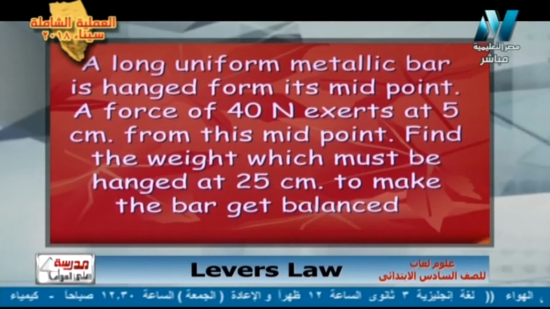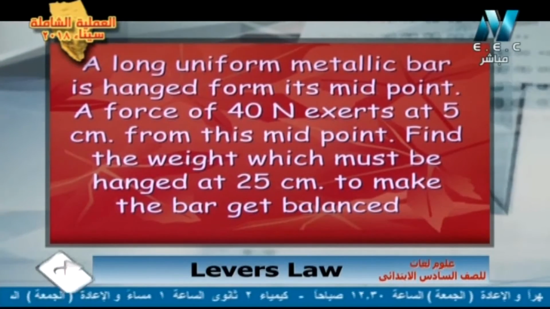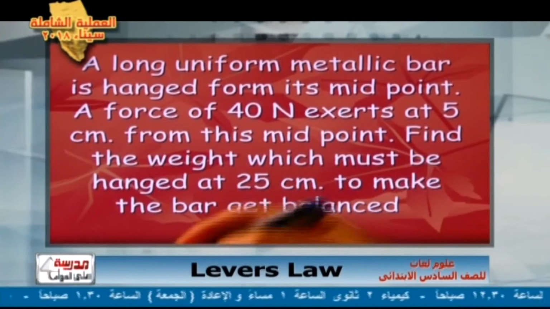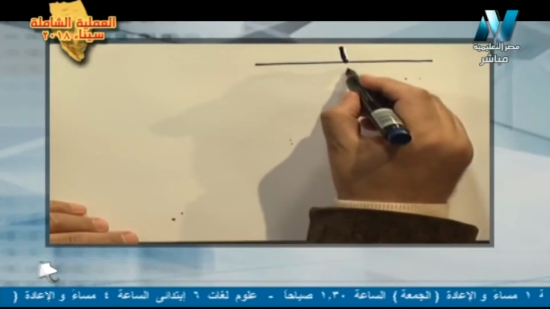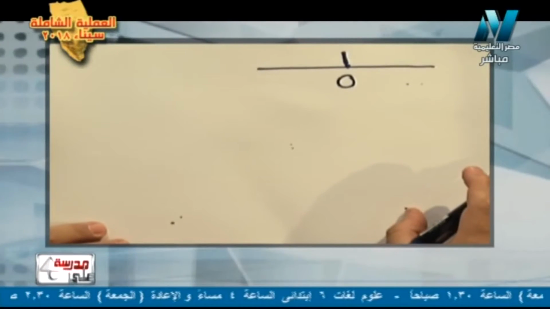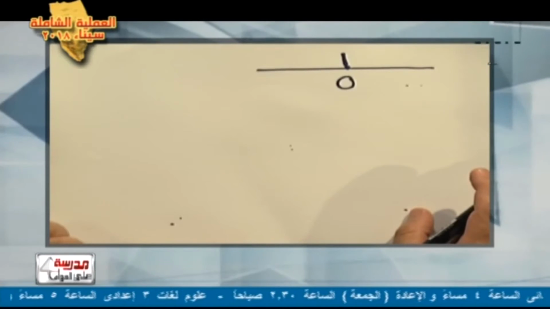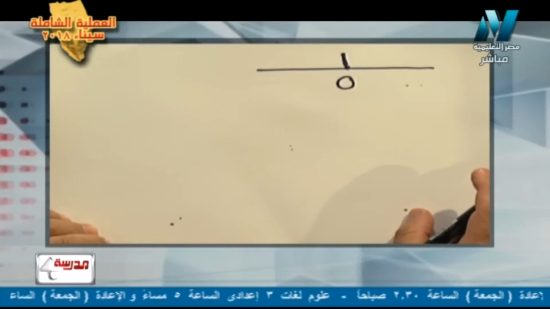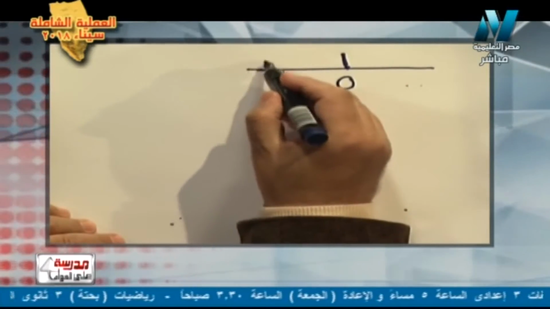So now let me draw this problem. Imagine that I have a long uniform metallic bar hanged from its mid. Of course, I consider the midpoint to be the fulcrum.